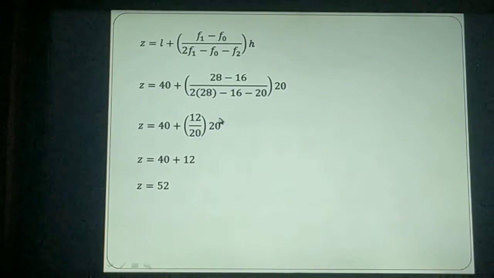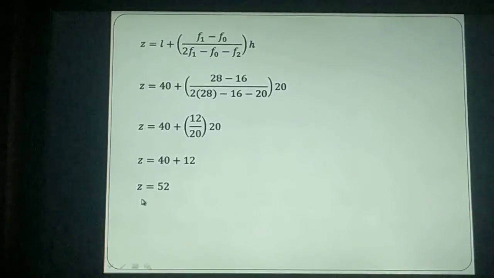The 20 and 20 cancel. So Z is equal to 40 plus 12, which is 52. So the mode of the given data is 52.